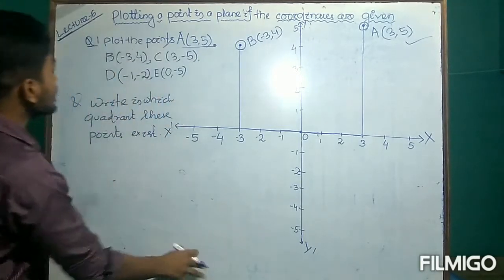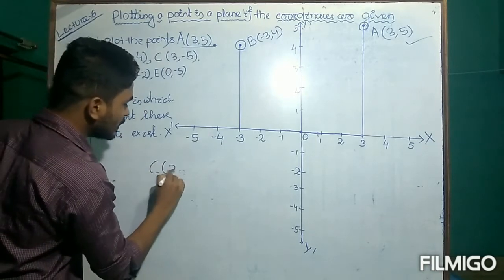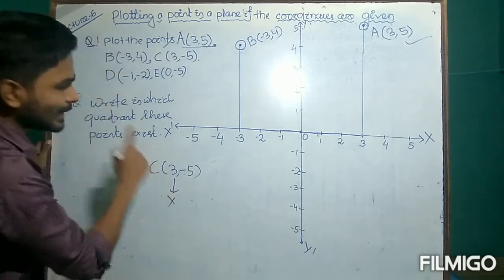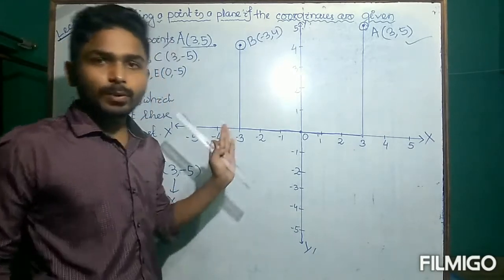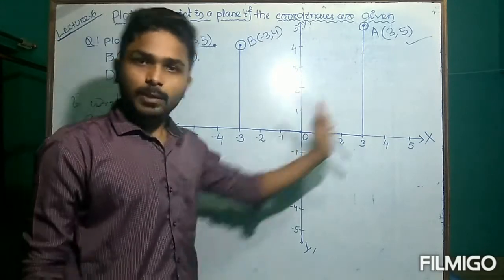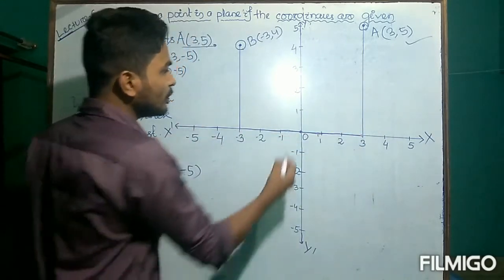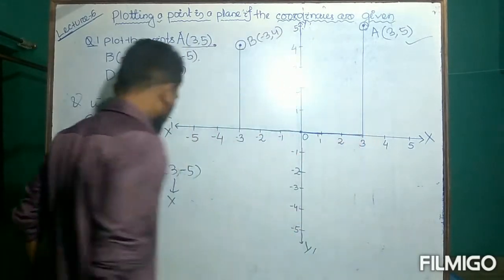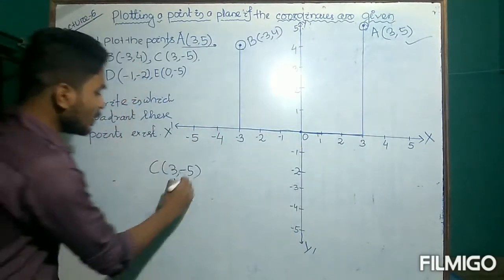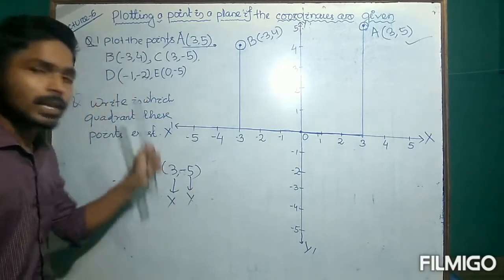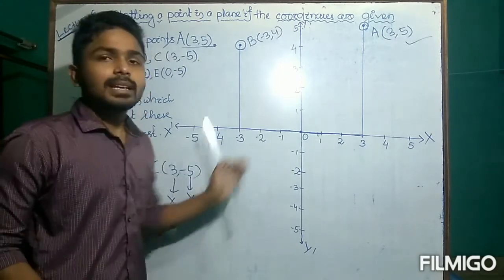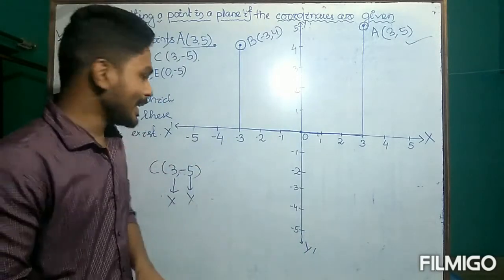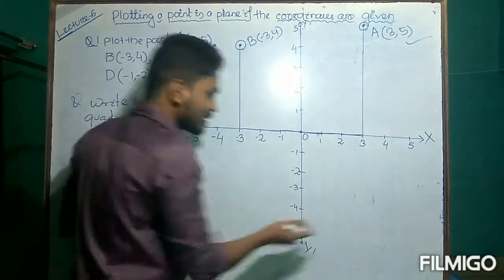Now the third point is C (3, -5). In this point the x coordinate is 3, which means it is towards the right side, the positive direction of the x-axis. So move up to how many units? 1, 2, 3. Now you are here. Then your y coordinate is -5. Negative means it is towards the downward position, the negative direction of the y-axis.